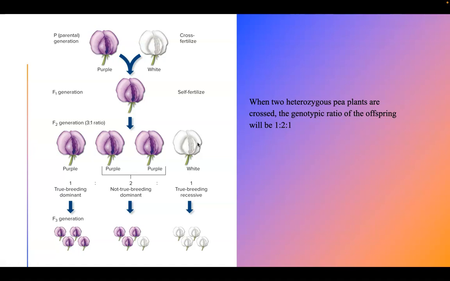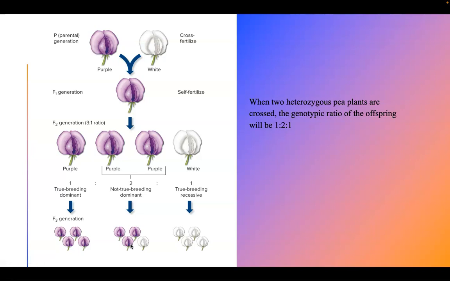But as he studied this further and got more and more data and did these experiments over and over again, he came to realize that it's a 1 to 2 to 1 ratio that kind of looks like a 3 to 1 ratio. But that's because we have our heterozygous offspring here. They have genes for both the purple and the white expression. But because the purple expression is dominant, more often than not, we're ending up with a 3 to 1 ratio.